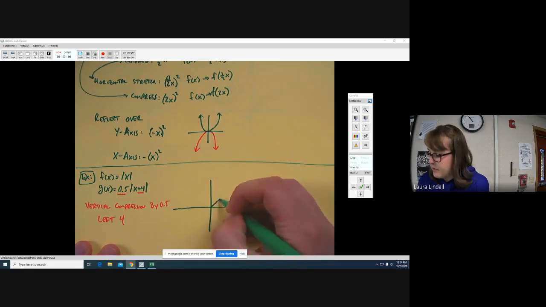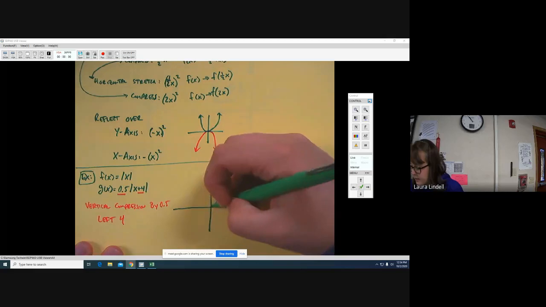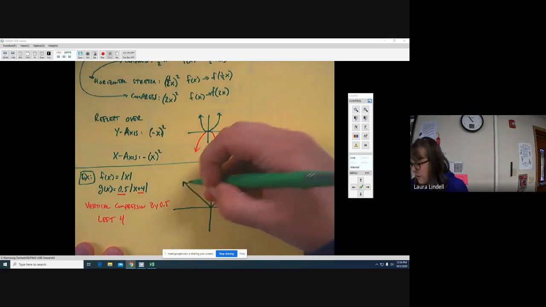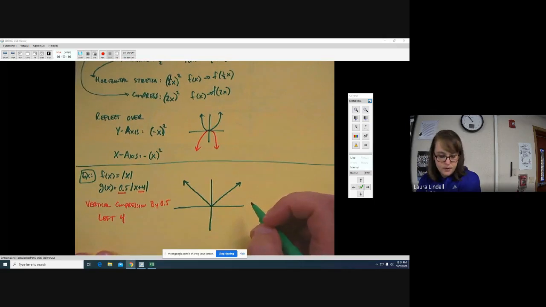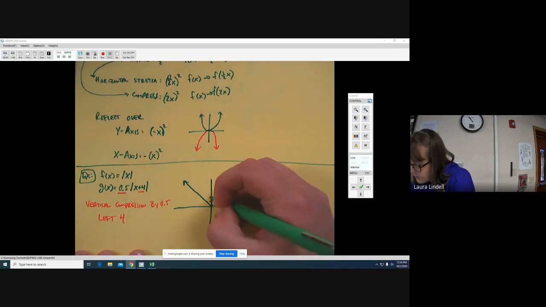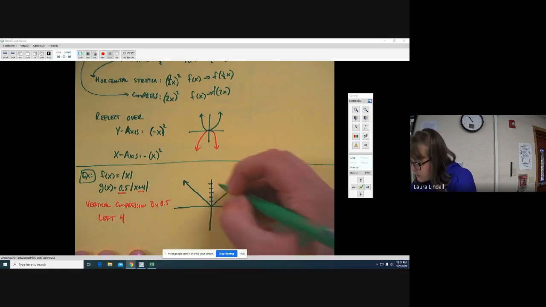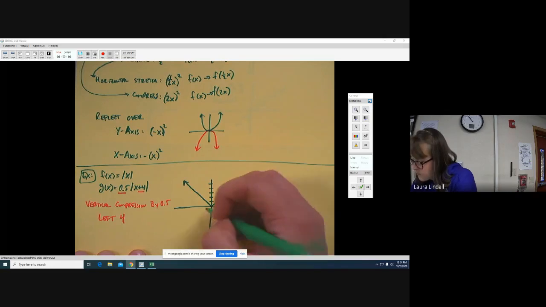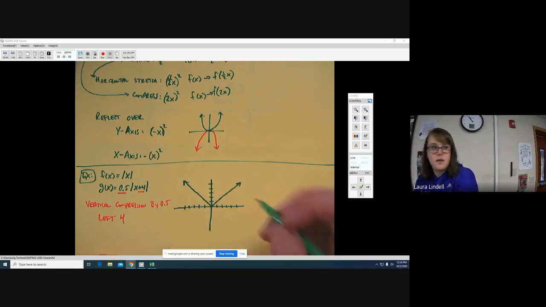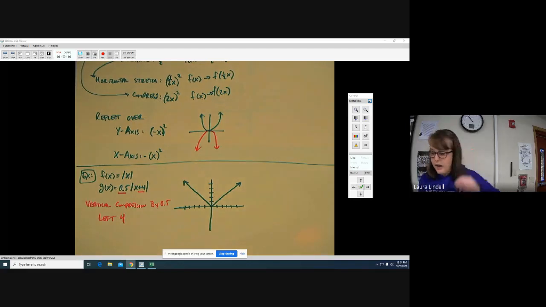So the original absolute value function, f of x, would just look like that, right? And I just went out 5 in all directions.